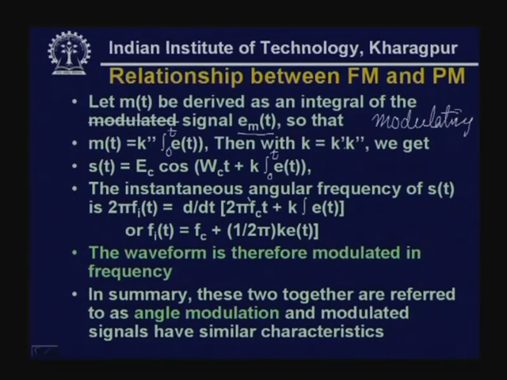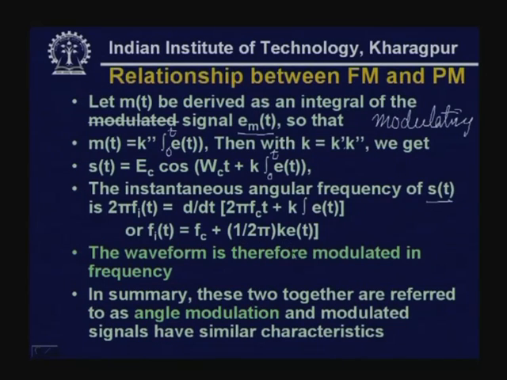Now, the instantaneous angular frequency of s(t), that modulated signal, is 2π f_i(t). As you know, we can get the frequency by differentiating the phase. So, this is the phase, we differentiate it and we get that the instantaneous frequency is equal to f_c plus 1 by 2π k into e(t).